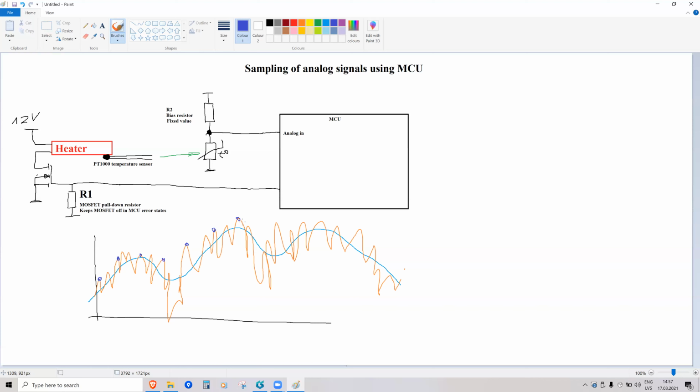And as you can see, the microcontroller can accidentally sample in such a way that it samples the peak of the higher frequency. And maybe at some other point, it starts to sample these lower parts. Of course, sometimes it will sample right in the middle, but it's possible that it samples higher frequencies.